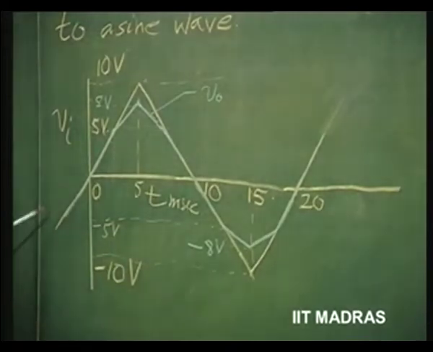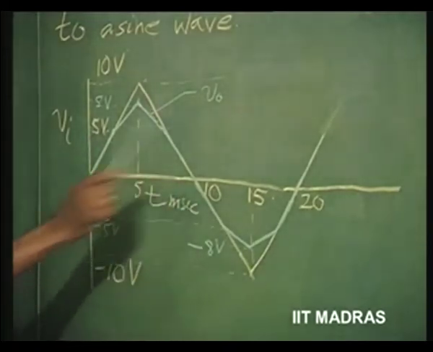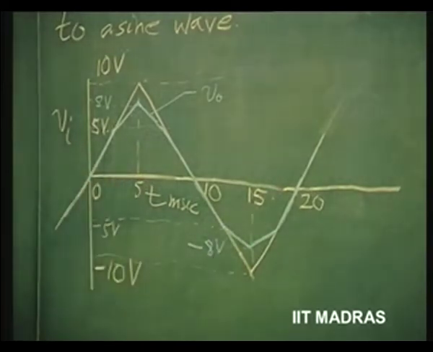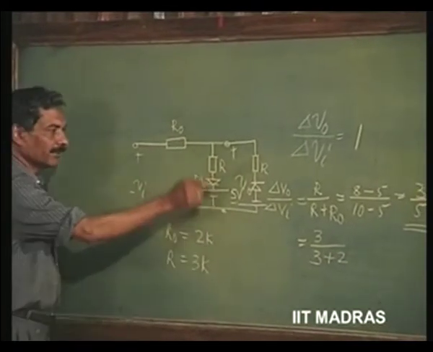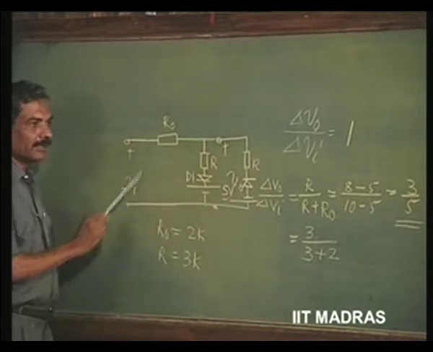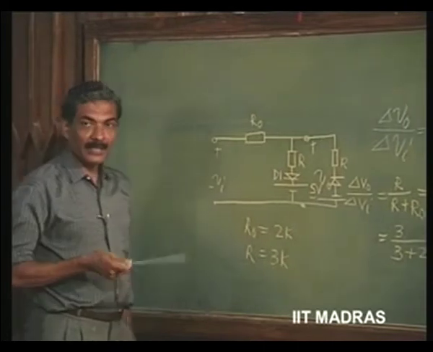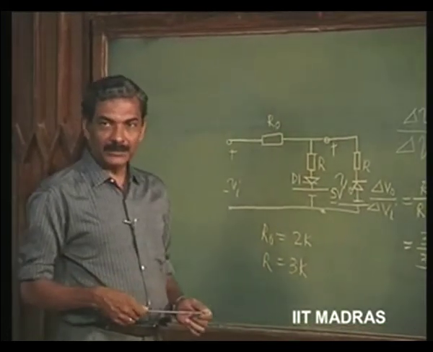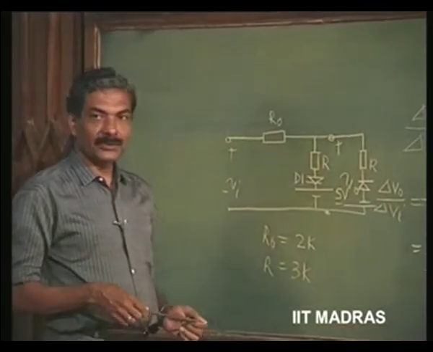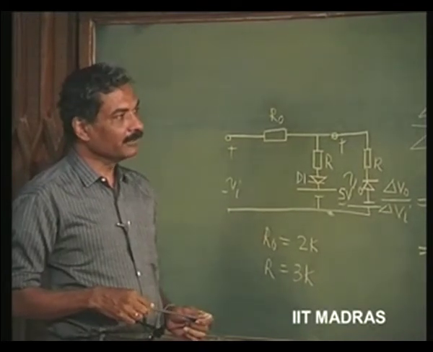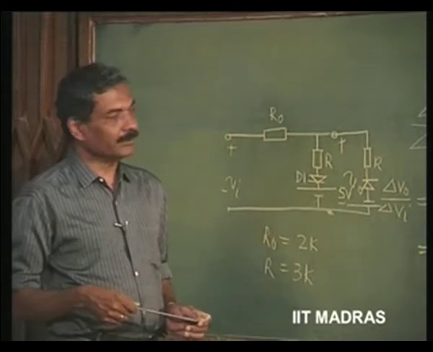So, we have now approximated the triangle to a sort of sinusoid using a diode function generator, which is something like this. This is a very simple circuit. You can make any number of piecewise linear approximations, so that you get a more exact version of the sine wave than what we have approximated to.